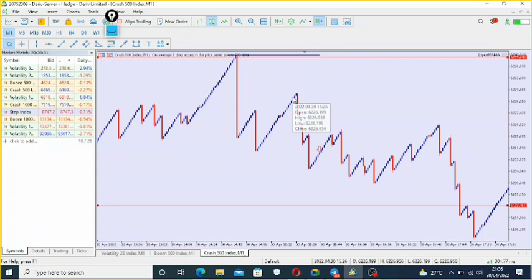Selling. It is going in one of selling because it has hit the ceiling. So when you see a sell position, it is more advisable to sell instead of buying.